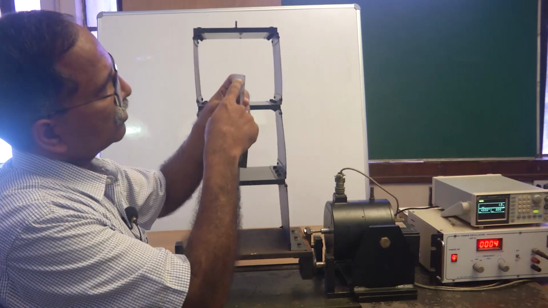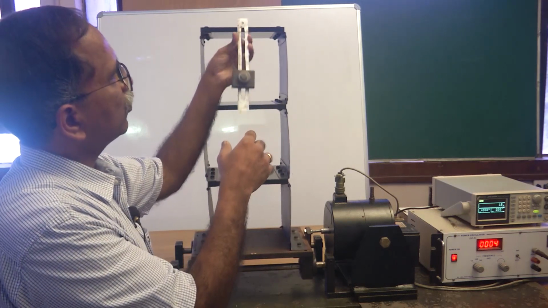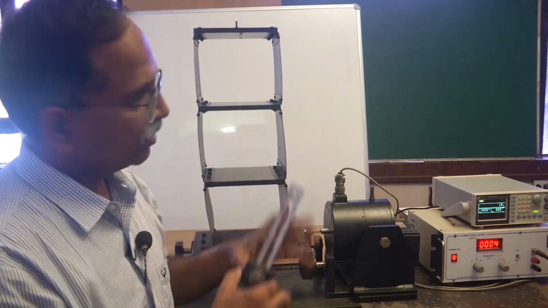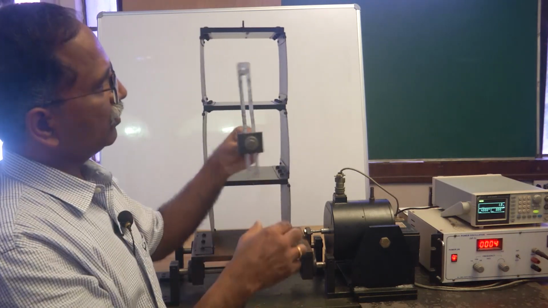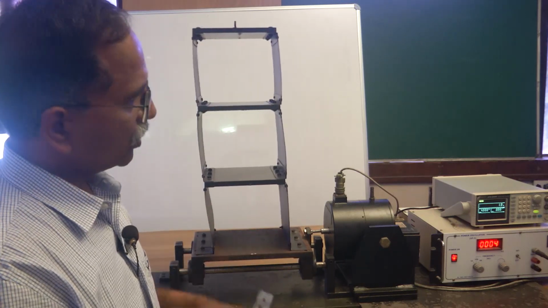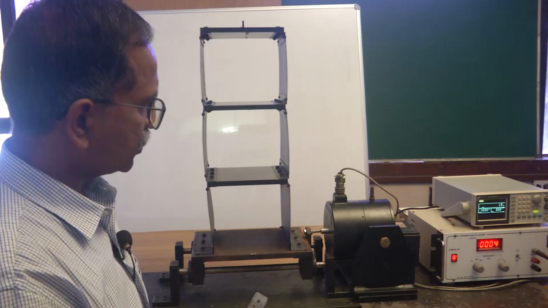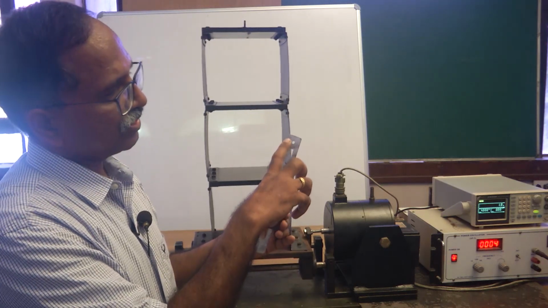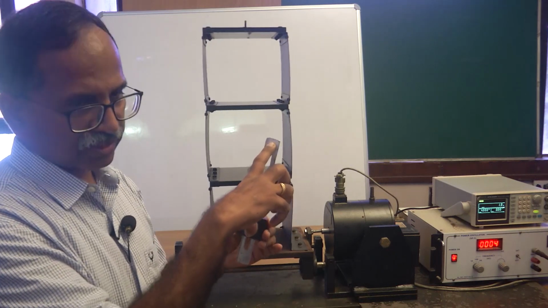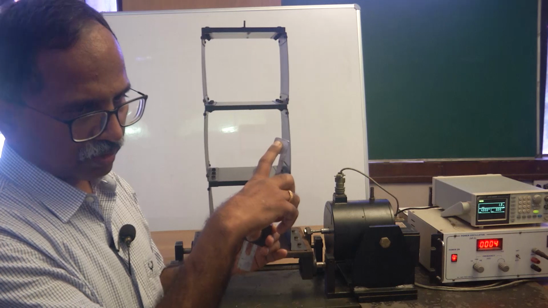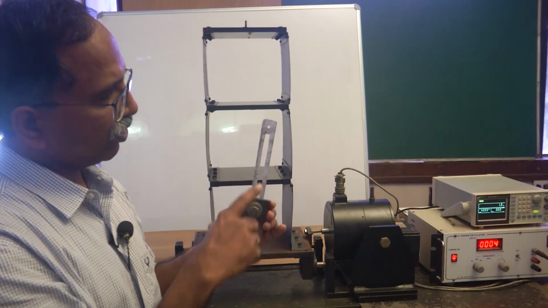The distance between this fulcrum or hinge point and the center of the mass should be adjusted in such a way that the natural frequency of this pendulum matches the natural frequency of the parent vibratory system. We have measured this distance, and it has been adjusted to roughly 14.4 centimeters.